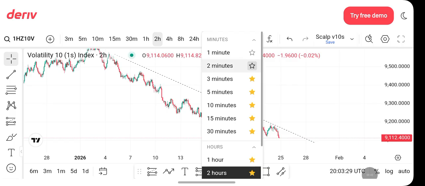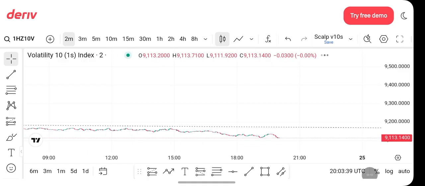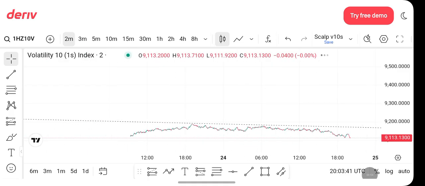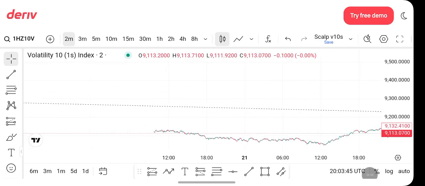We'll be scalping on 2 minutes. That's the best place to scalp. So let's go there. Begin from where I drew the trend line from.